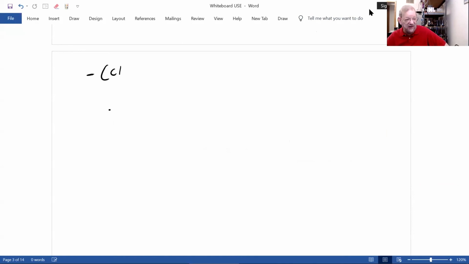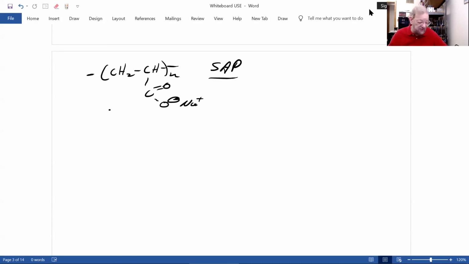You know polymers now. And this is super absorbent polymer, abbreviated SAP. I actually consulted for a company that at one point was the main manufacturer of this compound till their patent ran out.